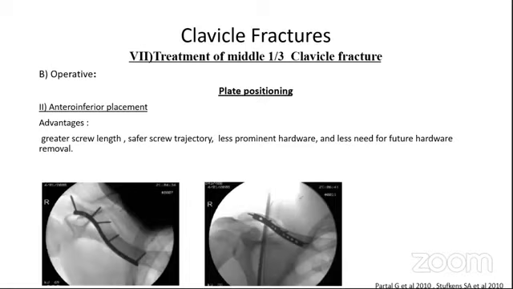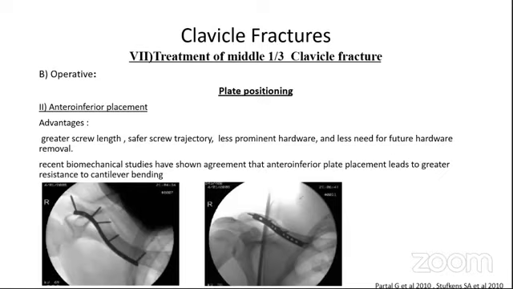You are far away from important structures like the lung, for example. And sometimes you don't need to have a routine removal of the hardware. And the most recent biomechanical studies have shown that anterior inferior plate placement leads to greater resistance to cantilever bending.